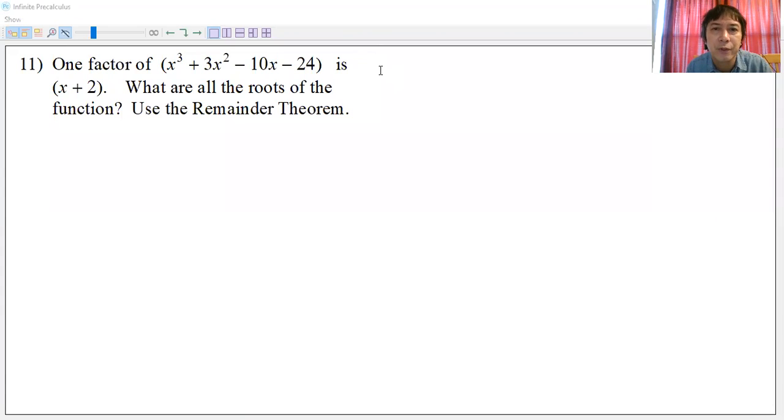Okay, we're after all the roots. Find all the roots. Okay, we have here the polynomial, degree 3 for our dividend, 3, 2, 1, 0. So it's complete, using synthetic division.